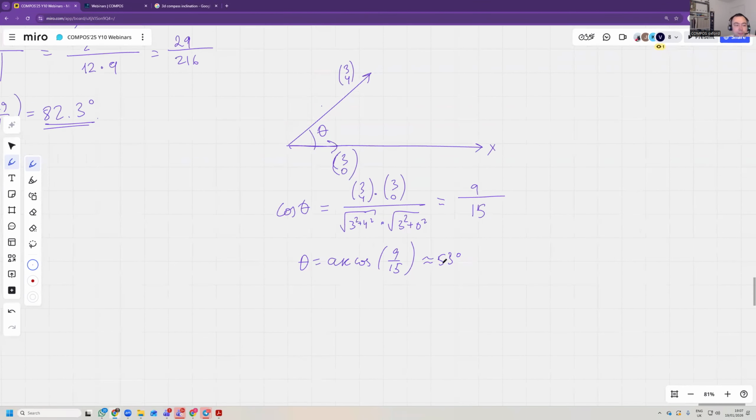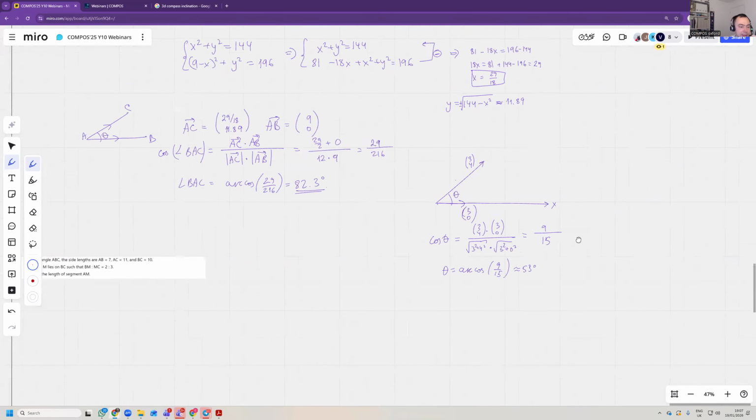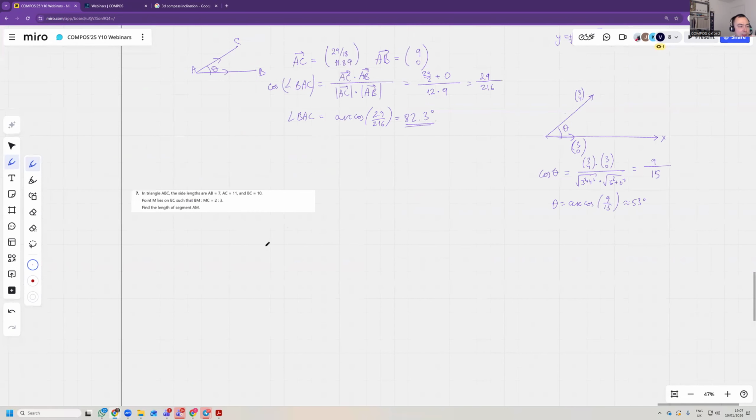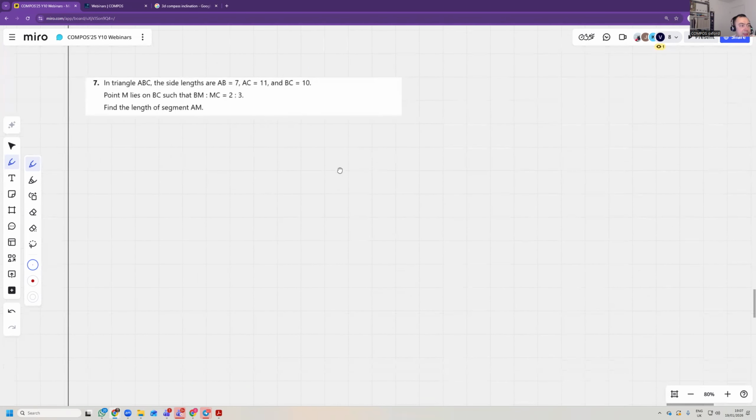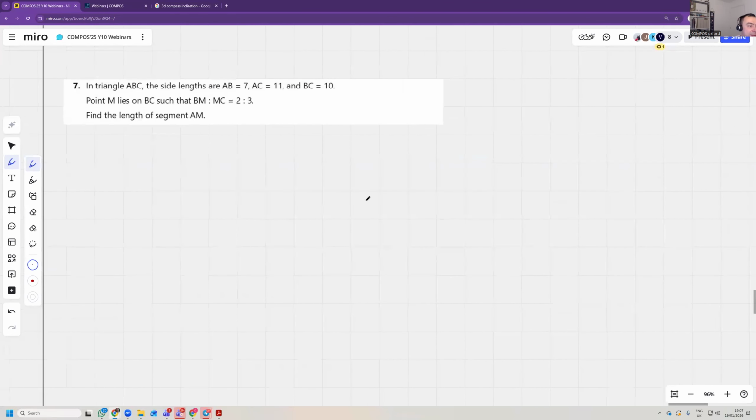Okay. Great. Next. Problem 7. In triangle ABC, the side lengths are 7, 11, and 10. So A, B, and C, with sides 7, 11, 10.